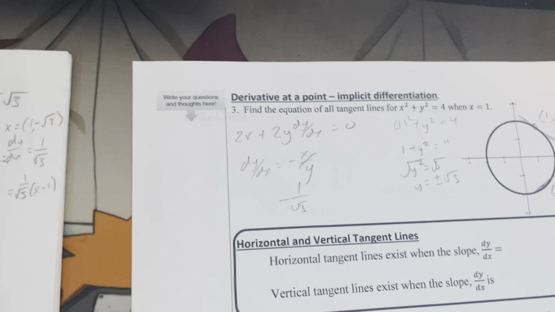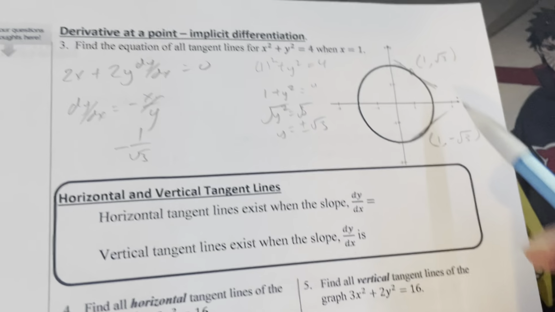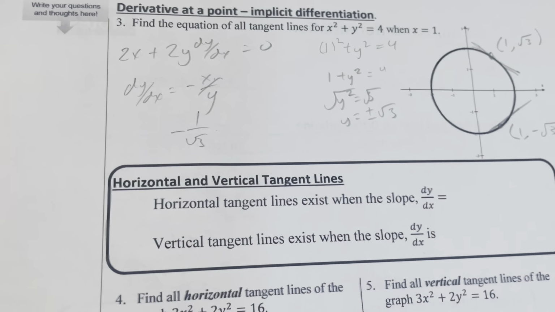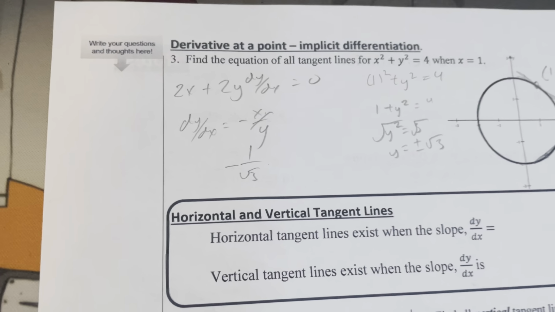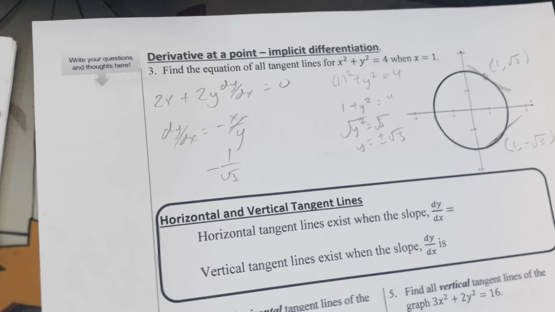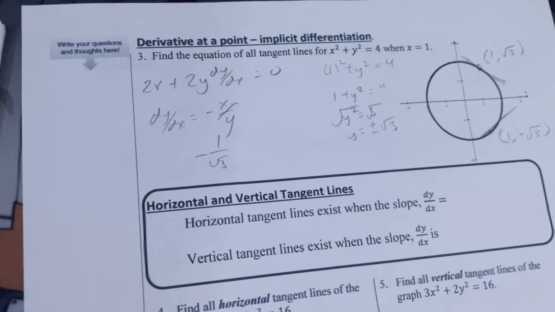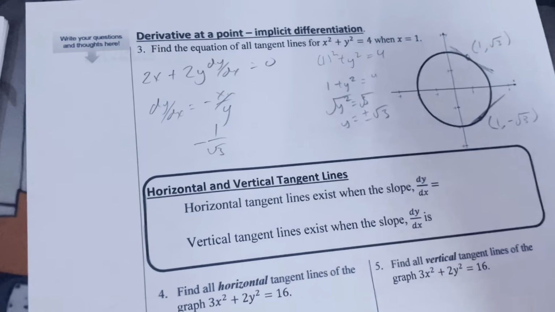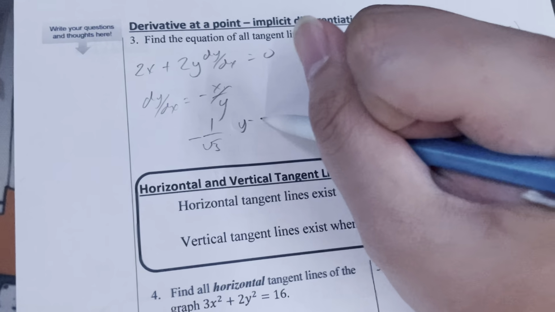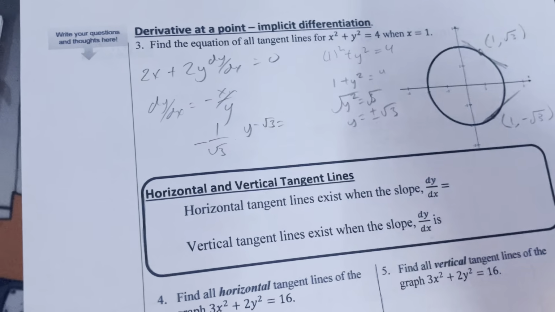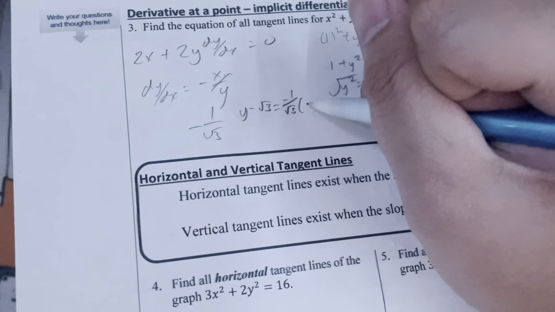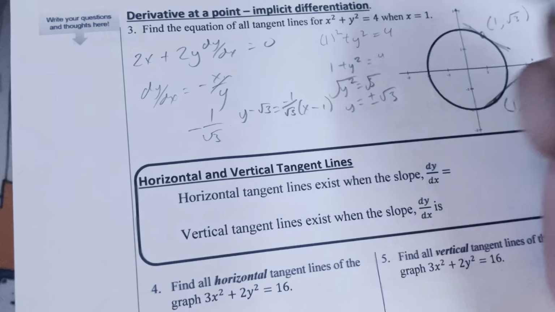Since we have two different points where it touches x equals 1, we'll have two different equations, one with a positive slope and one with a negative slope. So our two equations are y minus square root of 3 equals negative 1 over square root of 3 multiplied by x minus 1.